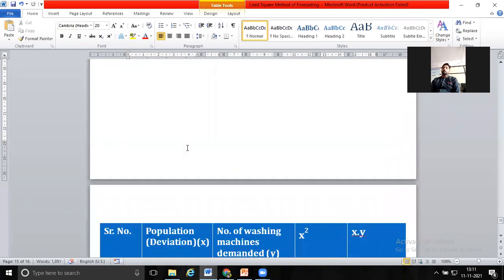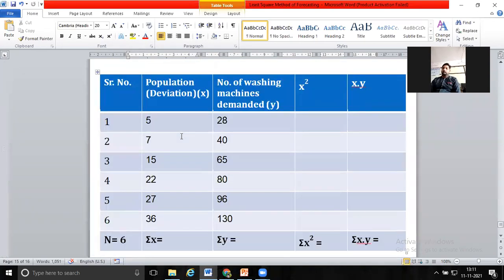Okay, so we are once again formulating the table in which we are considering the columns as serial number, population as deviation inside bracket x, and demand for washing machines as y.